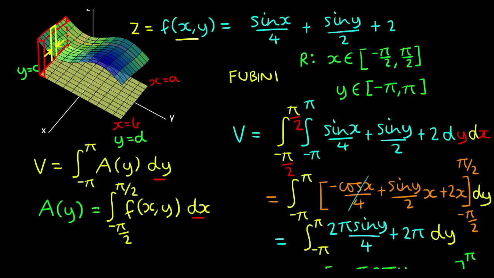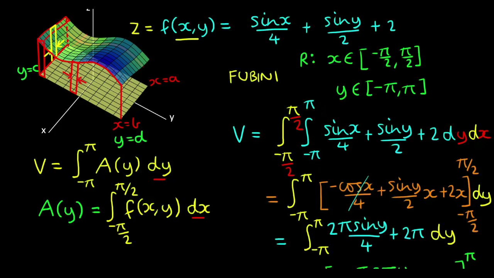But visually, we're essentially taking our cross-section, in this case, perpendicular to the x-axis. So it looks something like this. And we're first integrating with respect to y. So we're getting the area under this curve for a fixed value of x, where the thickness of this rectangle is dy along the y direction.